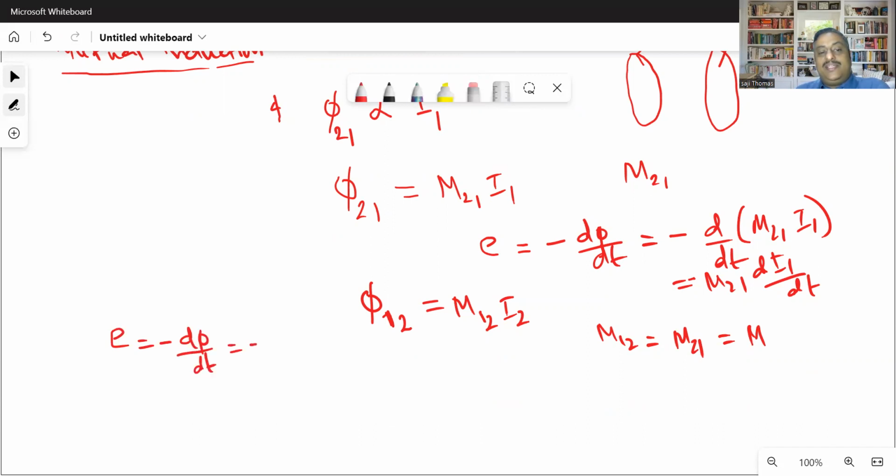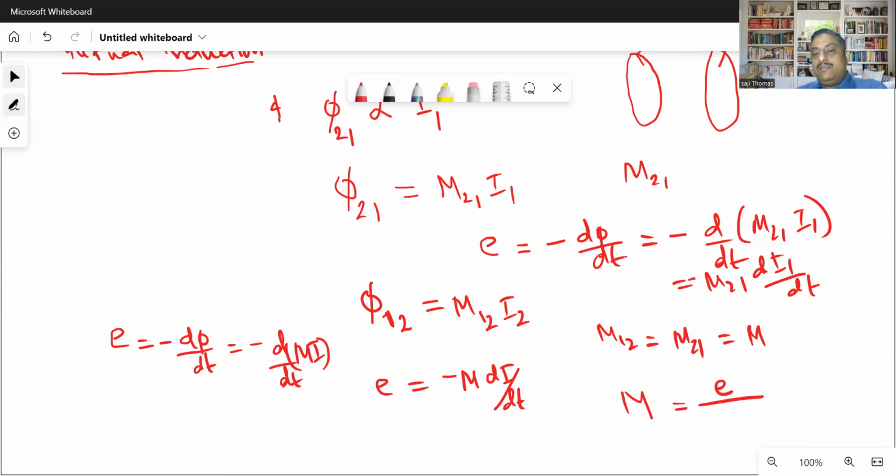So we can write φ as M into I, and d by dt of M into I. So we can write E is minus M into dI by dt. So we can define M in this way: M is equal to E divided by dI by dt numerically.